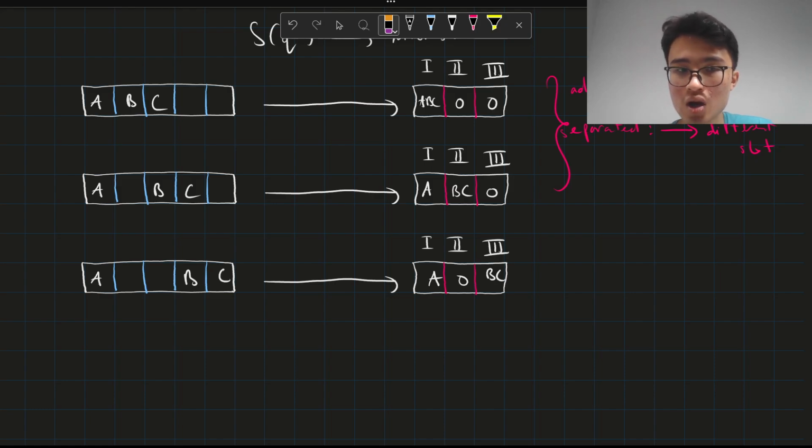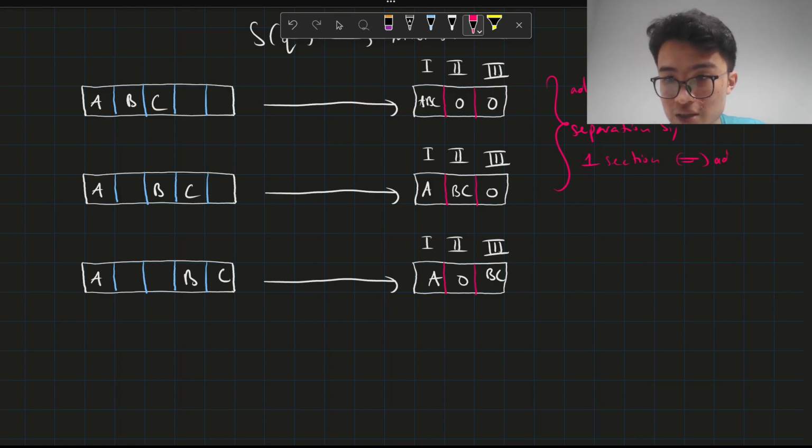So separation by 1 section means what? Means adjacent slot.